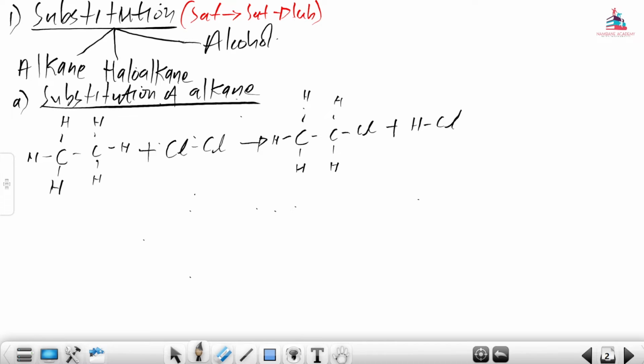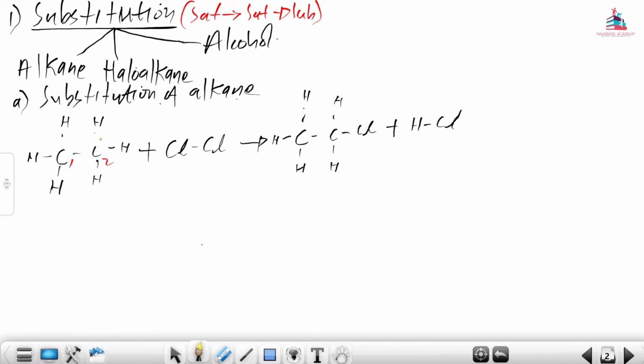The only thing that we did was replace one hydrogen with one chlorine, as per the definition. It can sit on either carbon 1 or carbon 2, but when we name it, remember, it will always get the smallest possible number. So in this case, it does not really matter which hydrogen you substitute. Maybe to avoid confusion, I must remove this and use a different color pen.